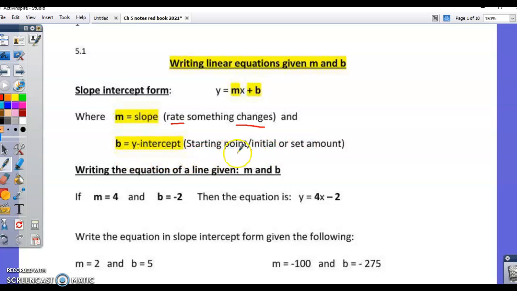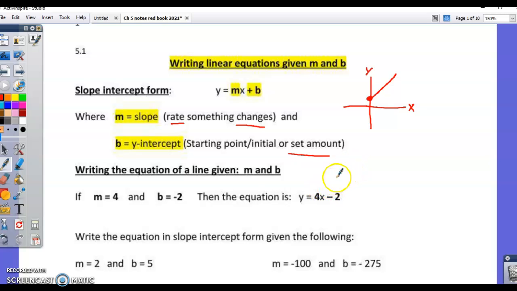Our y-intercept is initially our starting point or a set amount that's not going to change. So for example, if this is a graph, our steepness is the slope, right? So this is our m, and our starting point is our y-intercept, where we would start. A lot of times we start right from 0, and then we're looking at a graph and we're comparing it that way.